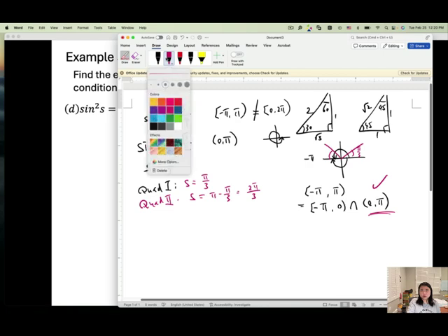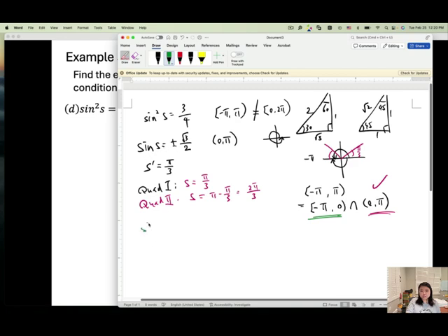Now we're going to focus on here. We're going to do the same thing. We have sine s equal to plus minus square root 3 over 2, and now we're going to focus on this region. Same idea, the reference angle is still pi over 3.